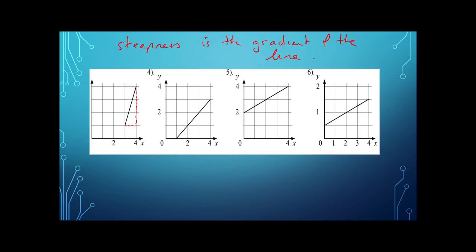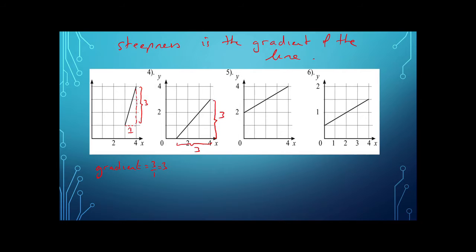So in this case, the first one, we go up 3 for every 1 that we go across. So the gradient is 3 over 1, which is 3. In this case here, we go up 3 for every 3 that we go across.